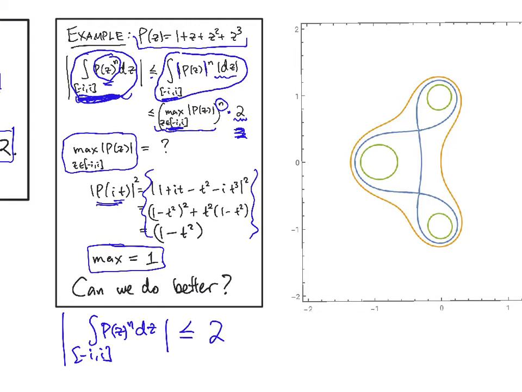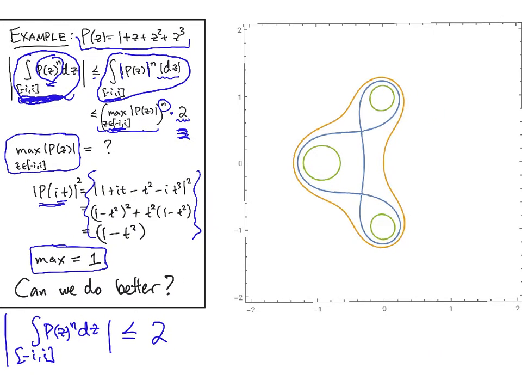So look over here. This is a plot of the level curves of the modulus of P. And so here we have zeros at minus i and minus 1.